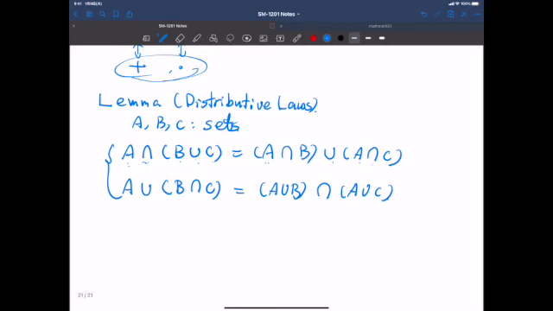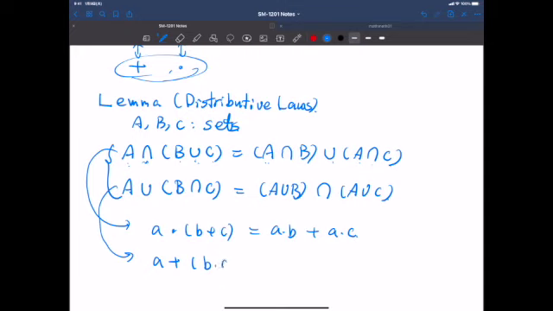For example, if you consider ∩ as multiplication and ∪ as addition, this first one translates as something like this: A times (B plus C), which is A times B plus A times C. But the second one would translate as A plus (B times C), which is not equal to (A plus B) times (A plus C).